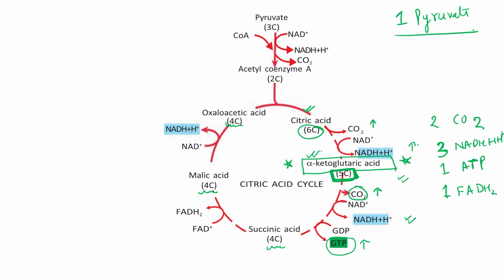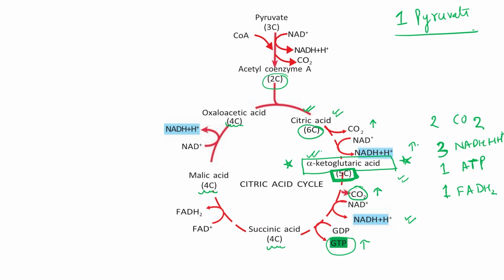Then this malic acid converts into oxaloacetic acid, which is again a 4 carbon molecule. This oxaloacetic acid then combines with acetyl coenzyme A and again produces citric acid, which is a 6 carbon molecule.